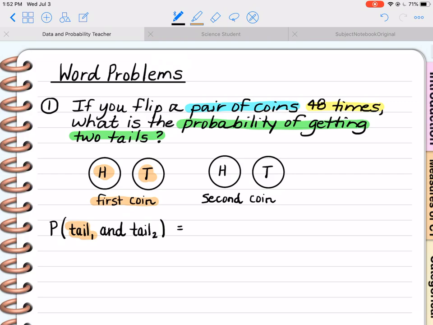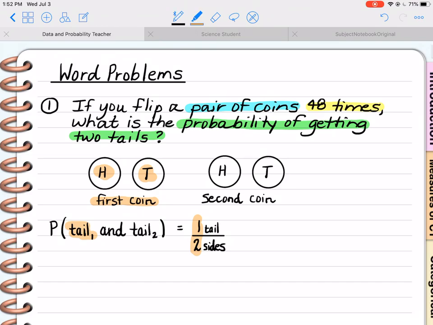So I flip that coin. How many tails are on that first coin? Unless it's loaded or some wonky coin, there's only 1 tail. And how many sides are on that coin? There are 2 sides. So this is for my first coin.